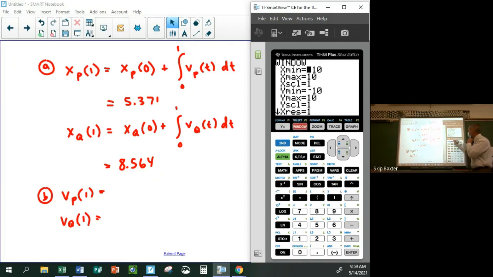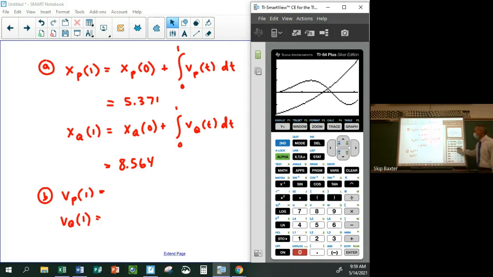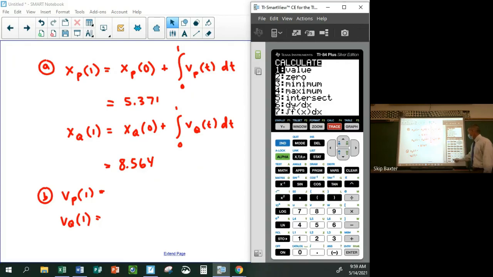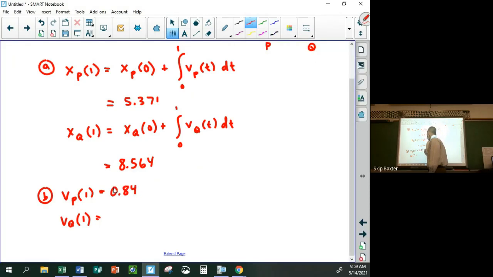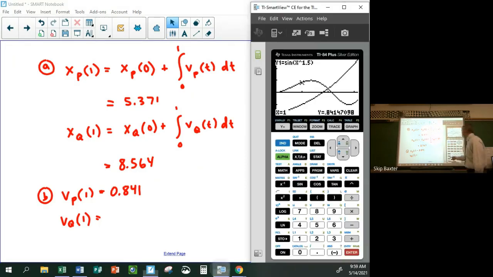So if I go to window, 0 to pi, and then zoom fit, there's 2 functions, and I go second calc value at x equals 1. Okay, so the first function has a value of 0.841, and the second one, all I need to do is just press the down arrow. It's -1.